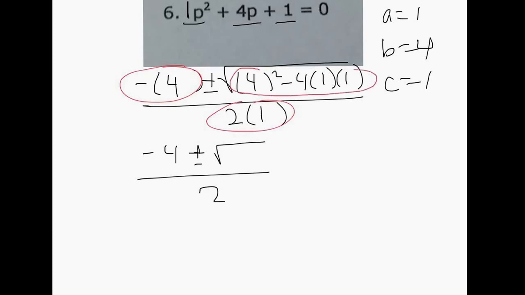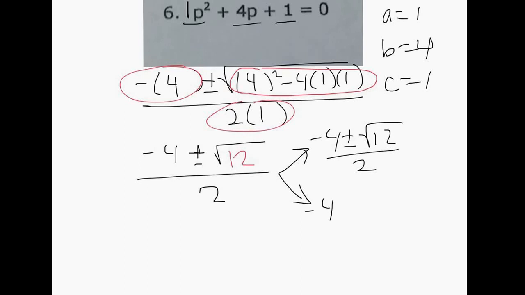And then I'm going to type this in my calculator. So parentheses 4 squared minus 4 times 1 times 1. This is 12. Split it up. Negative 4 plus or minus the square root of 12 over 2.